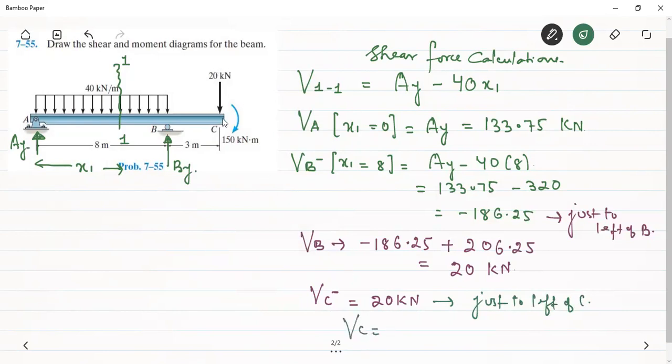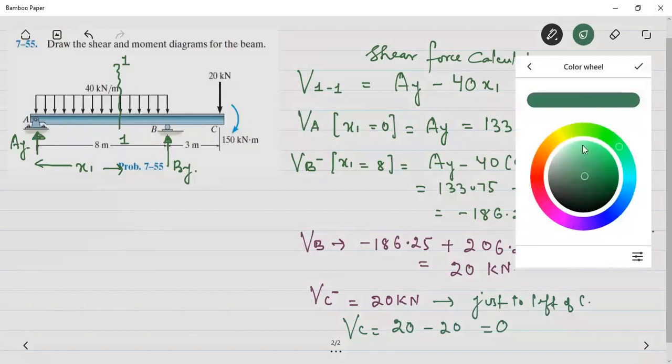There is a point load acting in the vertically downward direction. Therefore, there will be a sudden change in the shear force at the point C. Up to point C we have 20 kilonewton, and this 20 kilonewton is acting in the downward direction. Since we are moving from left to right, the downward force has to be taken as negative. So we will get zero shear force at C. Now we are in a position to draw the shear force diagram for this loading.